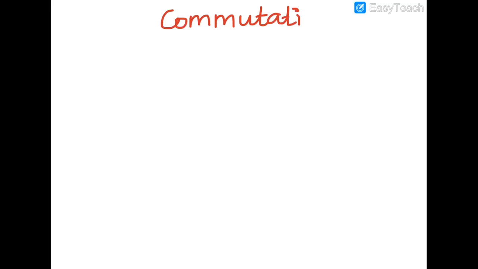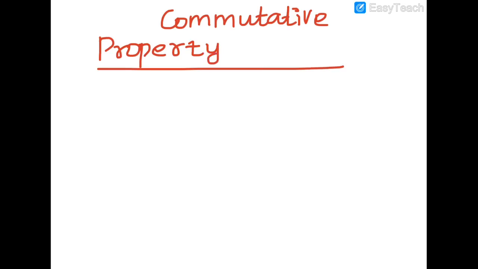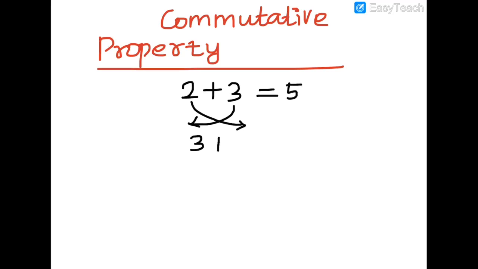Commutative property means, just think, I will first write an example, then you can understand. So 2 plus 3, what is the number? 5. So just interchange these numbers. This number will come here, this number will come here. So 3 plus 2.